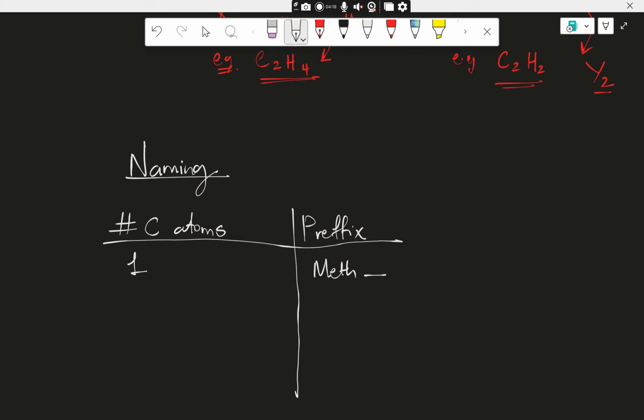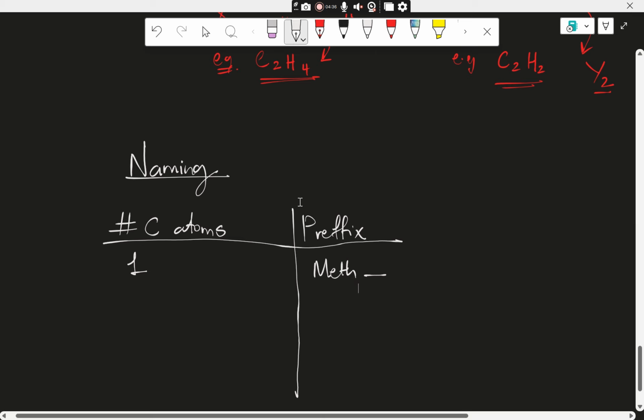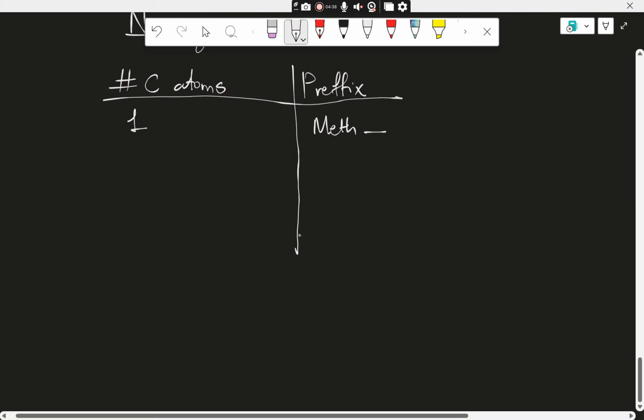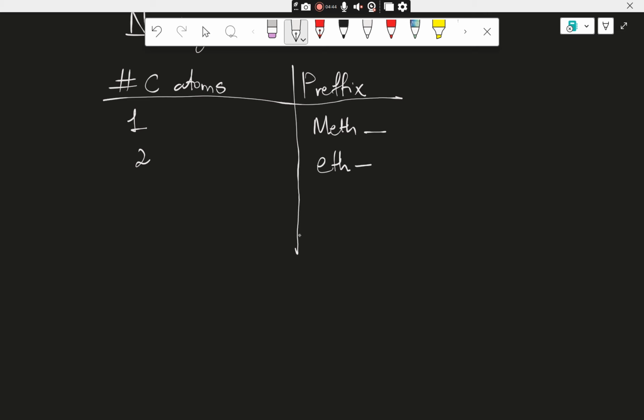The ending will depend on how many bonds you have in the functional group. We'll get to what the functional group is. It might not be a hydrocarbon. If it's not a hydrocarbon, it will be something else at the end. But the prefix will always be meth if you have one carbon atom. If you have two, you have eth and something else.